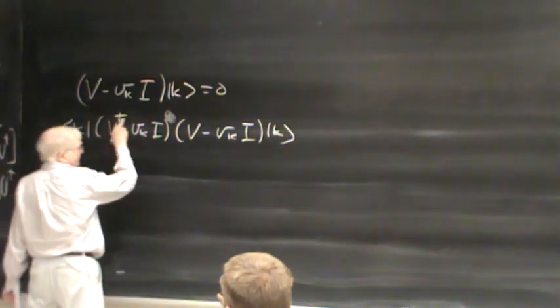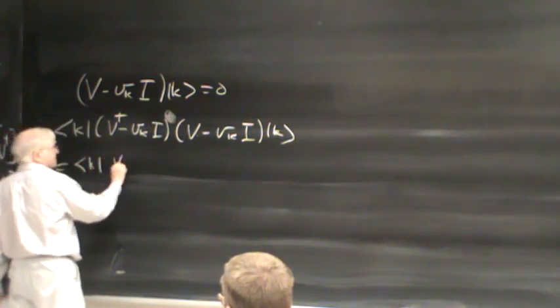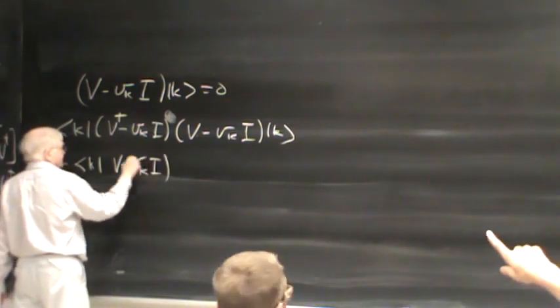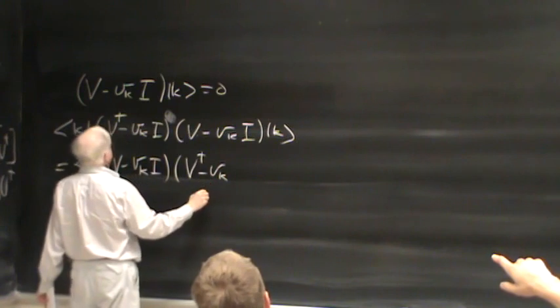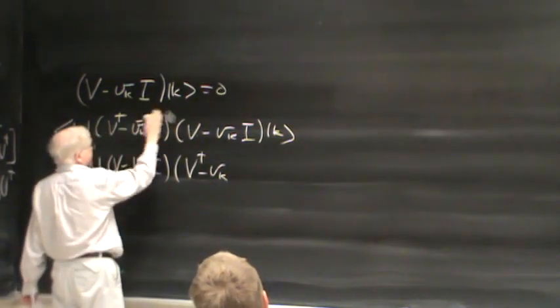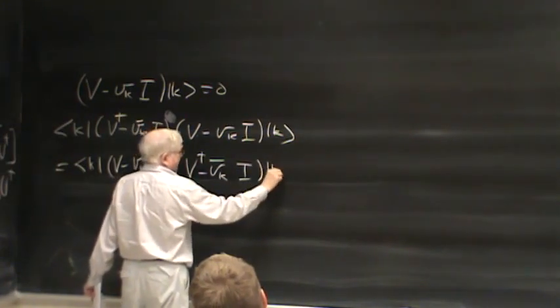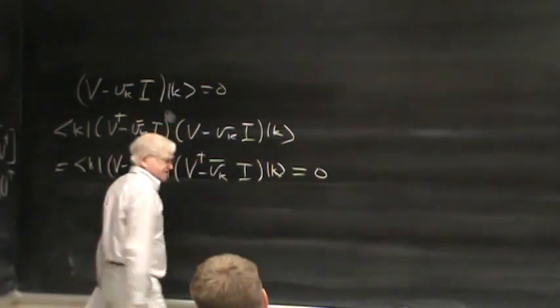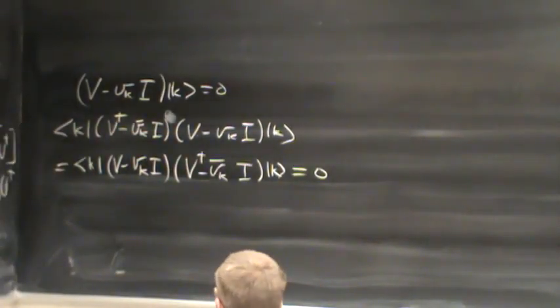The matrix is normal, so it commutes with its adjoint, so we can set it equal to (V minus eigenvalue identity)(V dagger minus v_k complex conjugate identity) on |k>, and this is equal to 0 because |k> is an eigenvector of the normal matrix V.